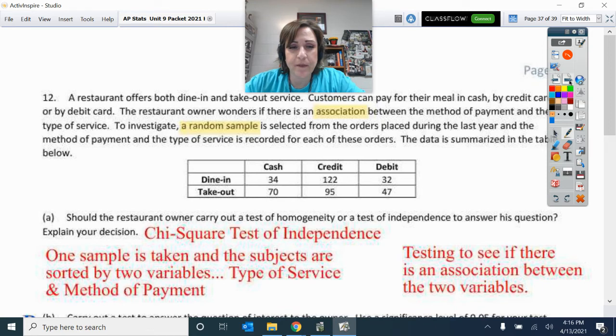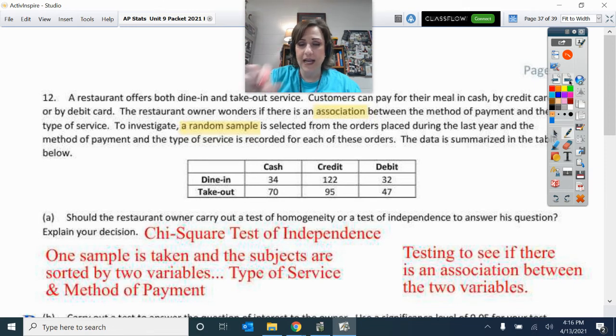All right, and our number 12. This is a problem where they say, okay, we are going to take a random sample of the orders placed during last year, and we're going to look at that one sample, pull out a ticket and ask, what was your method of payment and what type of service was that?